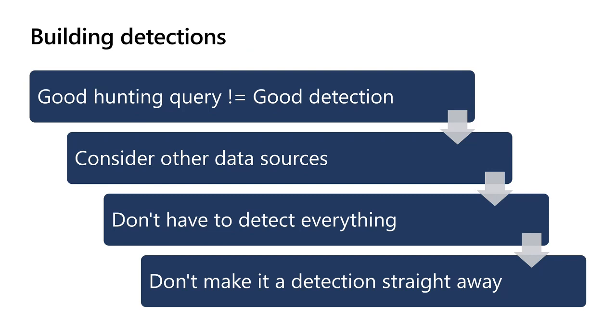You also don't have to make everything a detection. By having those hunting queries that we can save and easily run on a regular basis, we can leave some of those detections as hunting elements rather than alerts. You don't have to make everything a detection straight away.